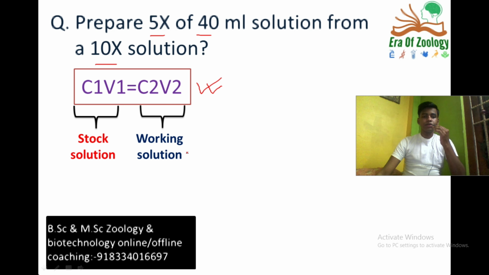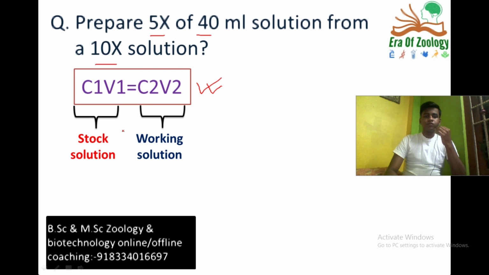This is our working solution that we will prepare for a lab experiment or research experiment, and the stock solution is the 10x solution that is given. So C1 V1 is for the stock solution, and C2 V2 is for the working solution.